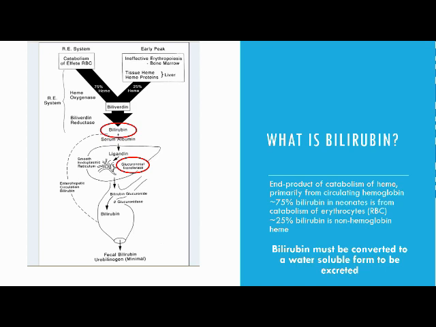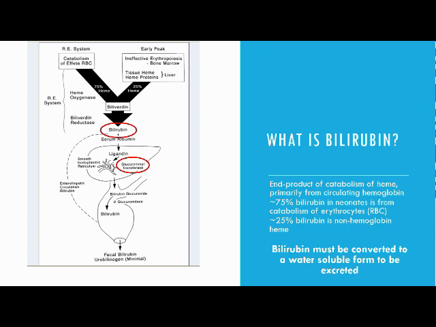Now I have this circled with red because this is a key point in the process, because after this biliverdin has interacted with this biliverdin reductase, it is now unconjugated bilirubin. So it's the stuff that causes the majority of our hyperbilirubinemia scenarios in our neonates. So it's an important point in this bilirubin cycle.